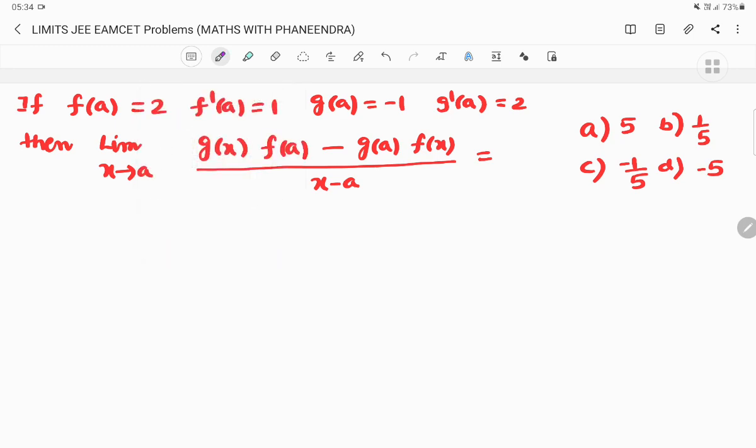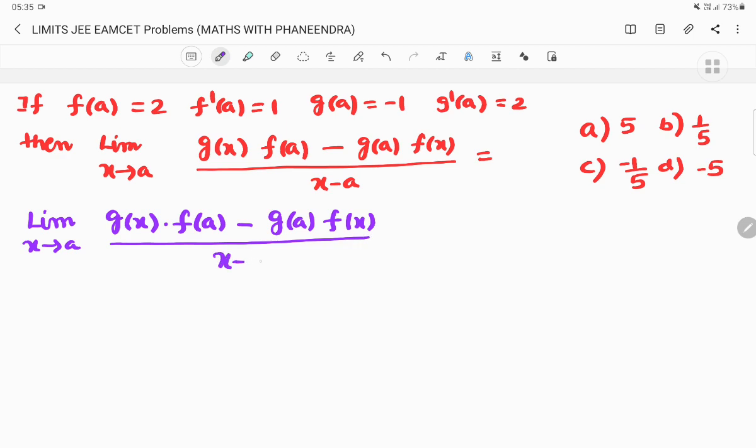So here consider the given limit. Limit x tends to a, g of x into f of a minus g of a into f of x divided by x minus a.